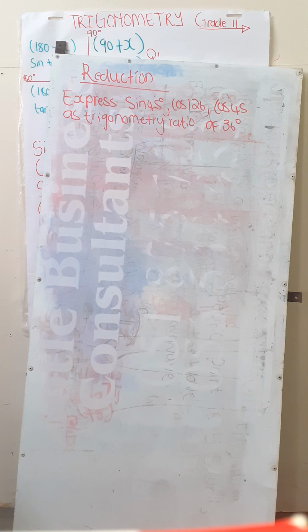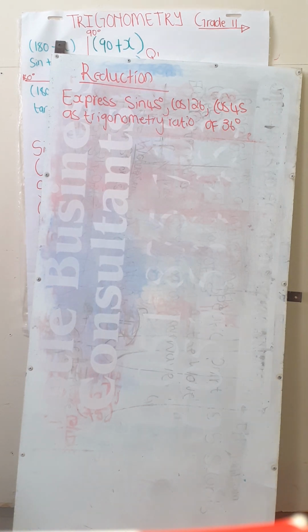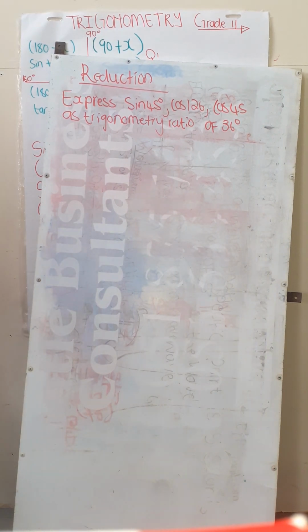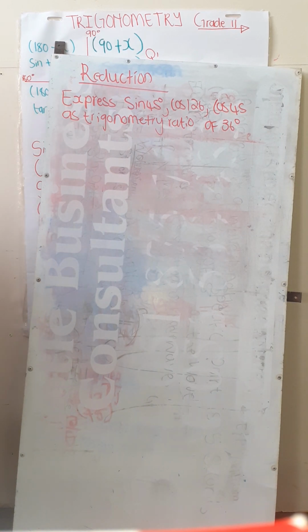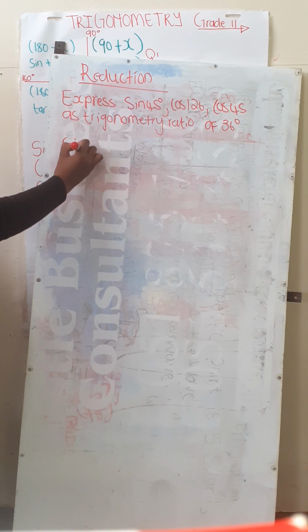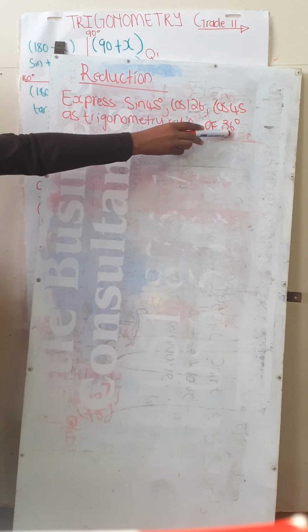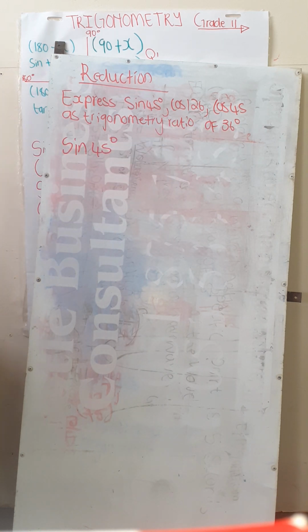So we are going to use reduction, and that is where we are going to remember all that we saw on our CAST diagram that I had shown to you. So in this question, we have sine 45 degrees, and we have to express this as a ratio of 36 degrees, right? So how are we going to do that?